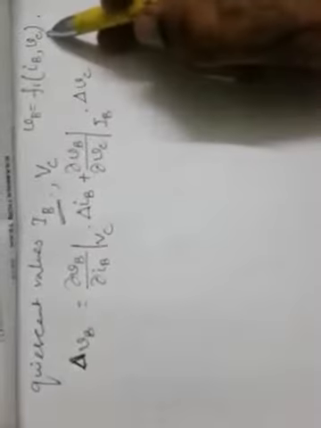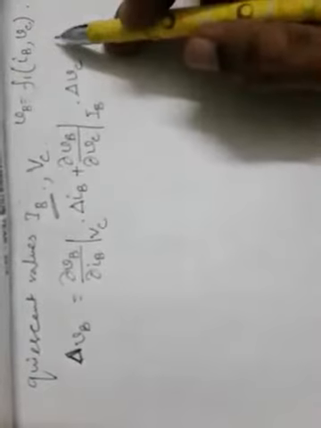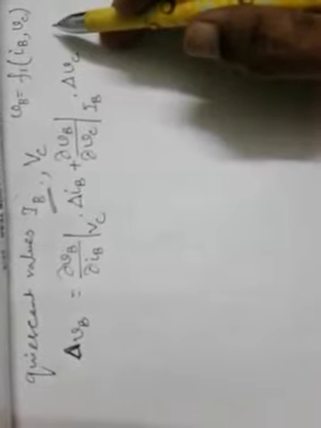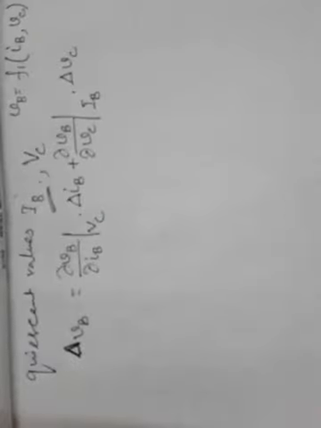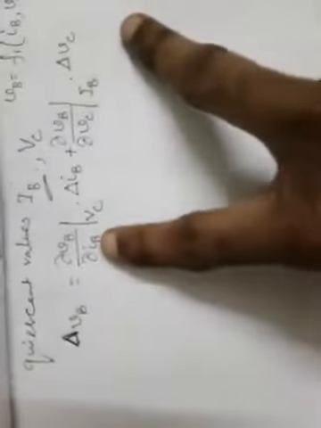Now since it is a multivariable function, if we want to express it in derivative or differential form, we need to apply partial differentiation, that is the partial derivative, as you know, for multivariable functions. Now why should we apply the differential form? Because we will be getting the values of all these variables, parameters and expressions from the VI characteristics of the transistor amplifier.